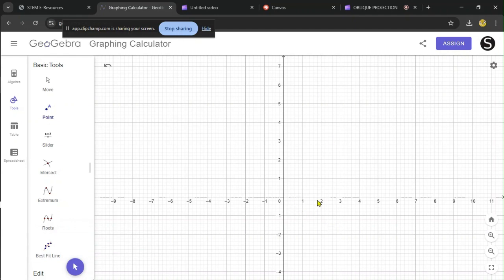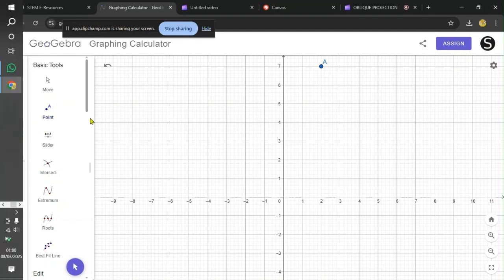You begin with the x-axis, then the y-axis. x is 2 when y is 7, so they are meeting here. I put a point somewhere there. That is the first point.